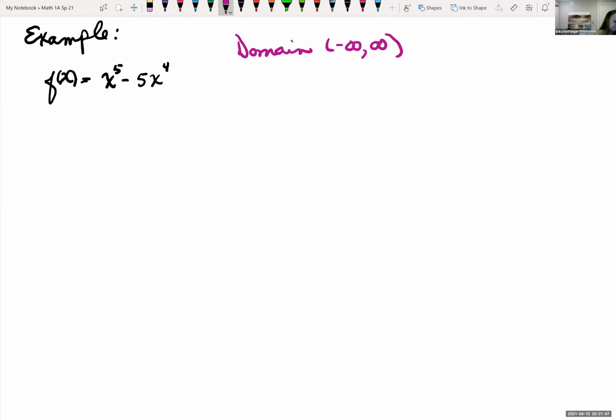We want to find the first derivative, f prime of x. The derivative of x to the fifth is 5x to the fourth, minus the derivative of 5x to the fourth, which is 20x cubed. We want to find where this is equal to 0, so 5x to the fourth minus 20x cubed equals 0.